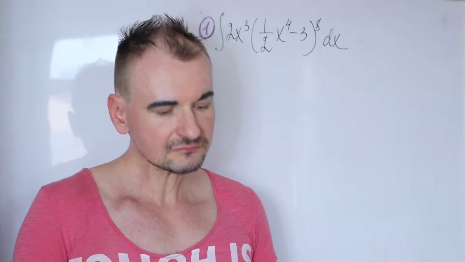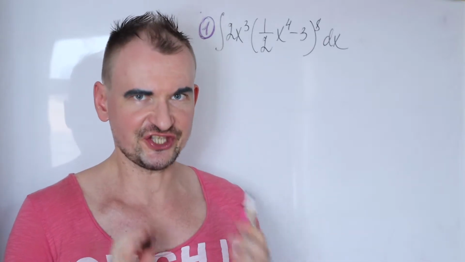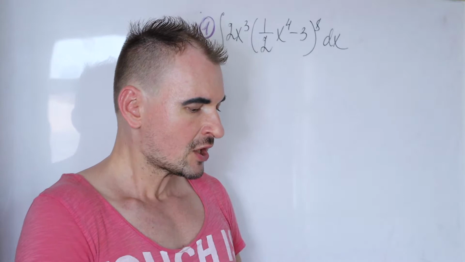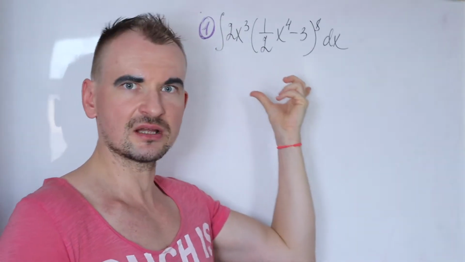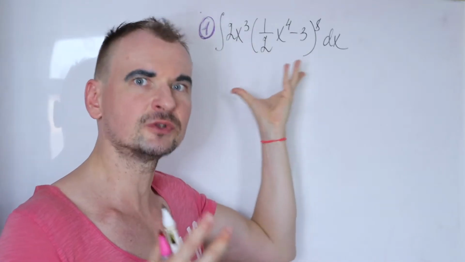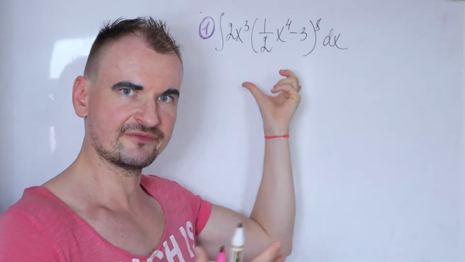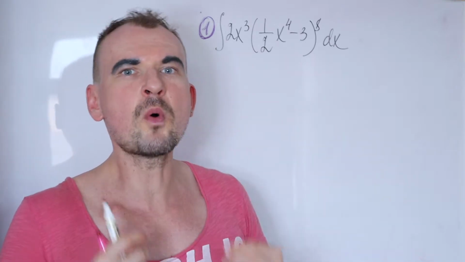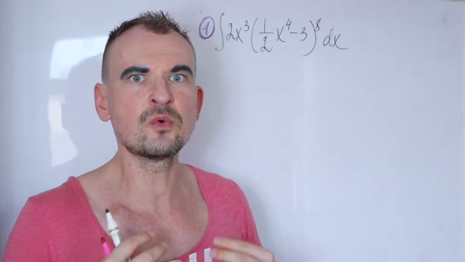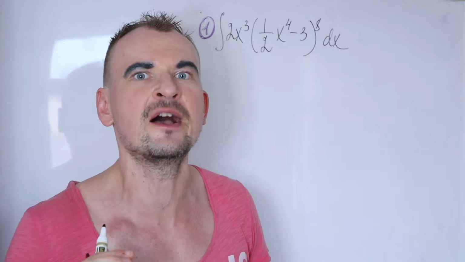Now, the idea, the gist is, you want to rewrite your integral, the expression you are given, basically your integrand, what you have in your integral symbol, in terms of another new variable u that you are going to define.